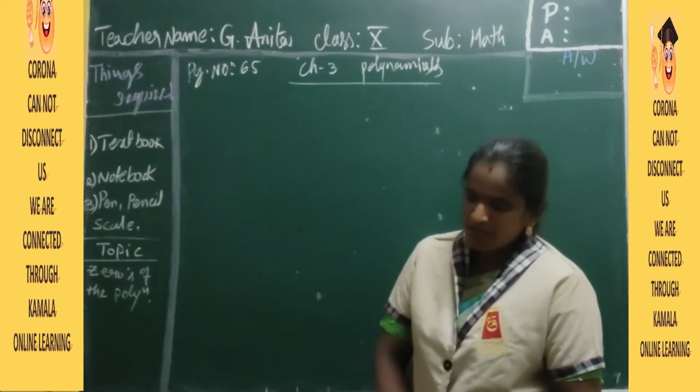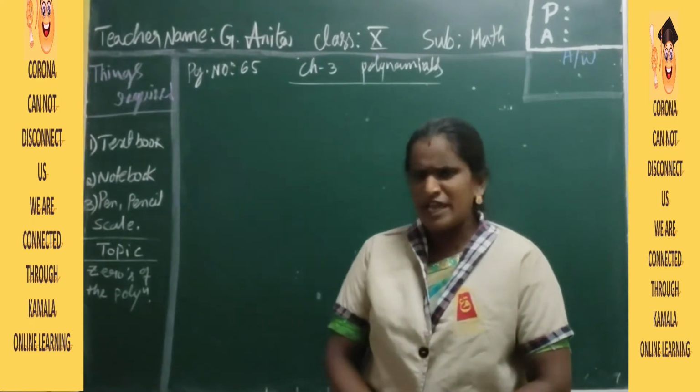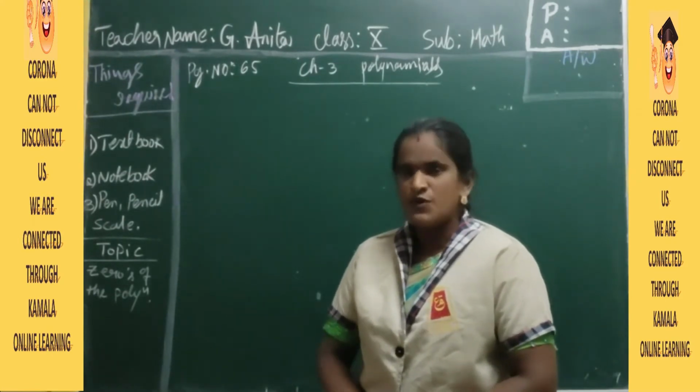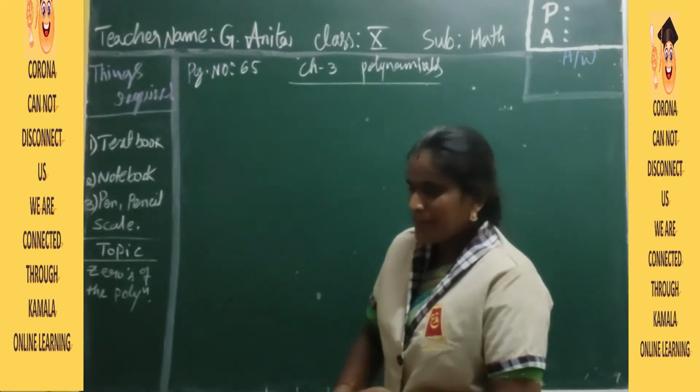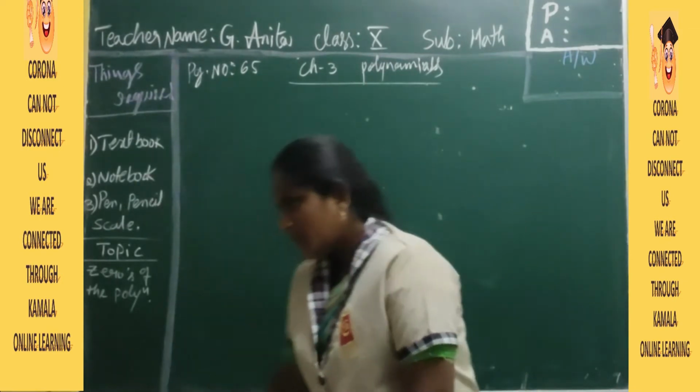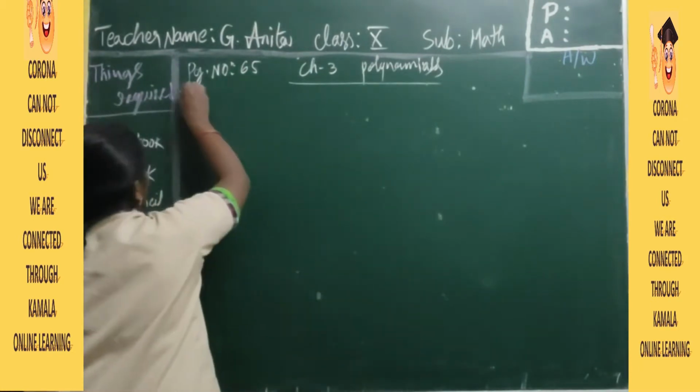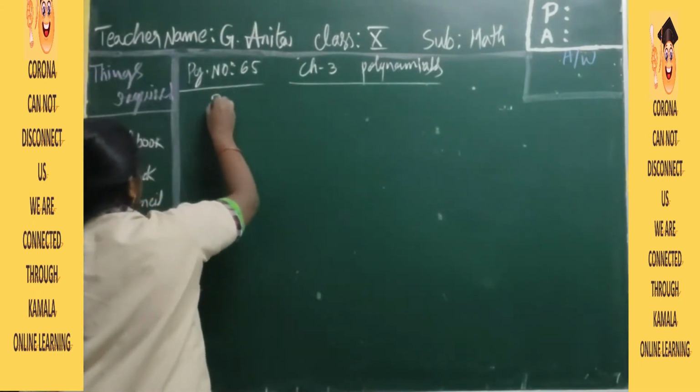Now open your textbooks, everyone. In that you have to observe. Take any example and observe. Now I'm telling one example. So everyone look at the board first of all. What is the topic?